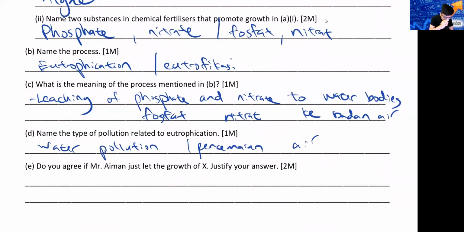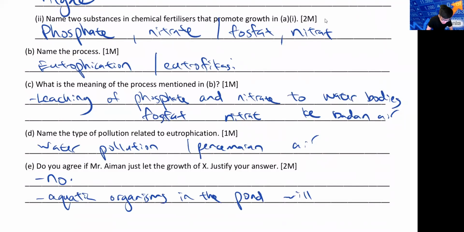All right, so do you agree if Mr. Aiman just lets the growth of X, that just allow lah? Do you agree with them allowing X to grow? Justify your answer. Of course, no. Because you can say aquatic organisms in the pond will die.